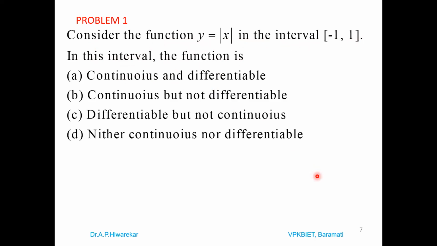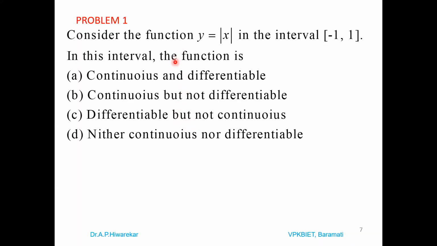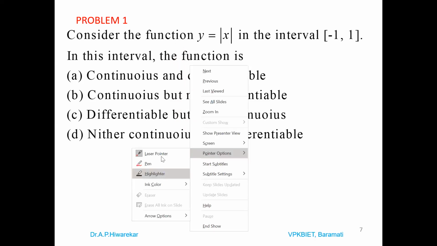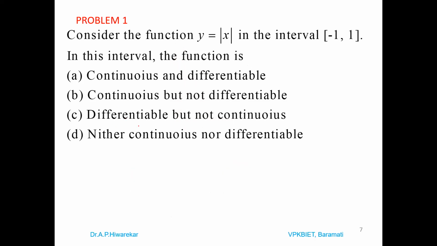Second, it is continuous but not differentiable. Third, it is differentiable but not continuous. Out of these we have to choose the correct option. The last option is neither continuous nor differentiable.